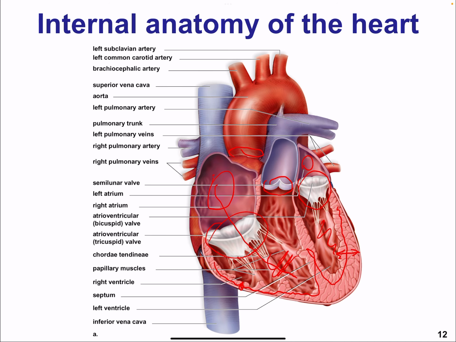And here, if we come back here, we are going to see the two pulmonary arteries. So we have the right pulmonary artery right here, and the left pulmonary artery right here.